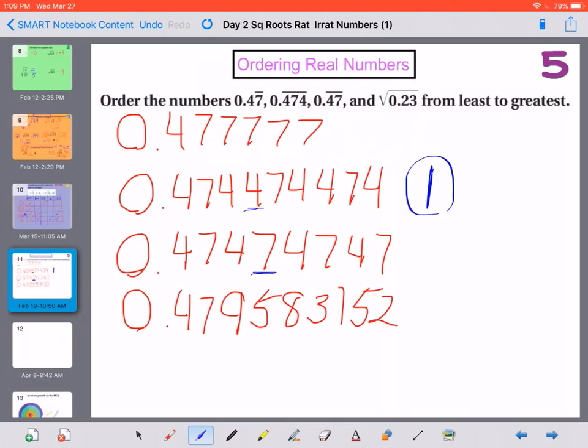So that's 1. Then the next one has to be the 7. Now I'm looking at 4, 7, 4, 7, 7, 9. So 7 is less than 9, so this has to be the third. And then this would be the fourth.